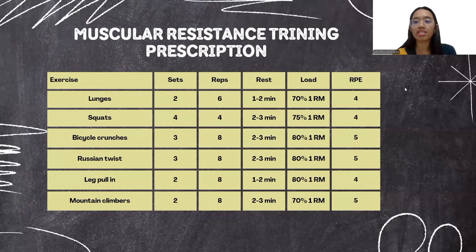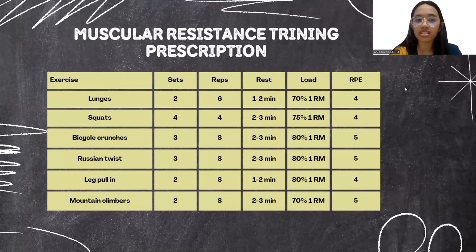For lunges, there will be 2 sets with 6 repetitions each and with a rest of 1 to 2 minutes. For the squats, there will be 4 sets and 4 repetitions each with a rest of 2 to 3 minutes per set. For the bicycle crunches, 3 sets and 8 repetitions with a rest of 2 to 3 minutes per set.